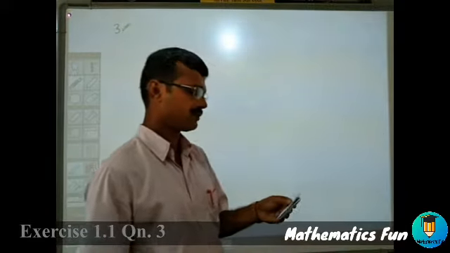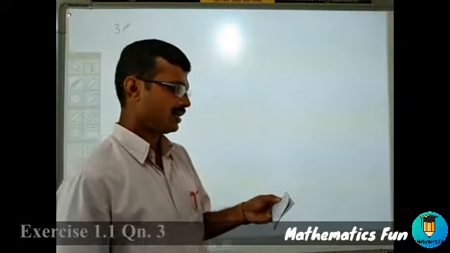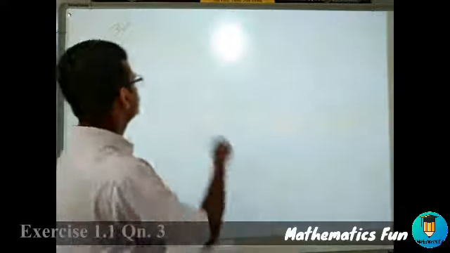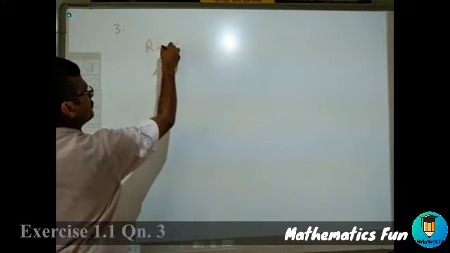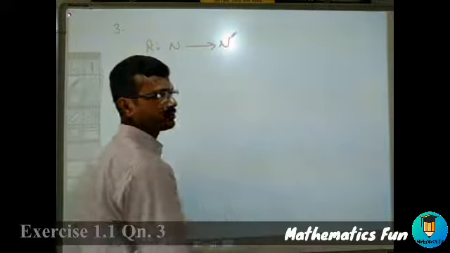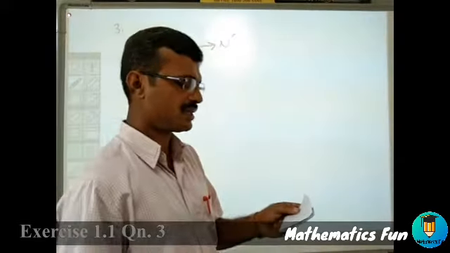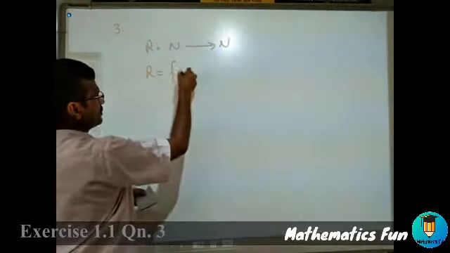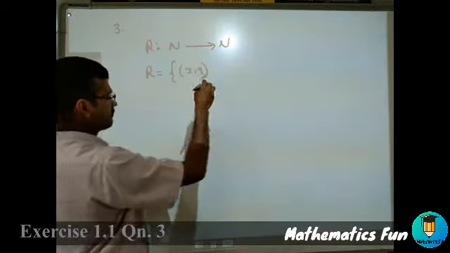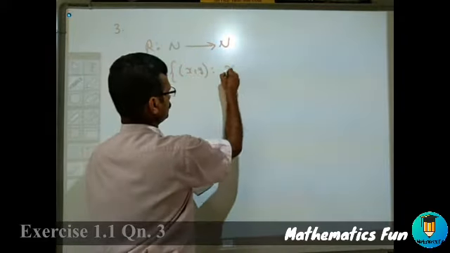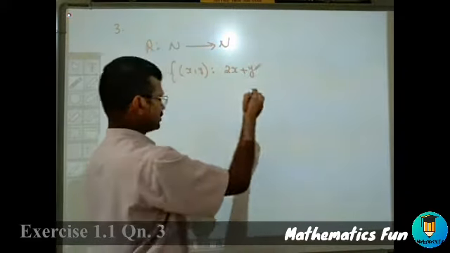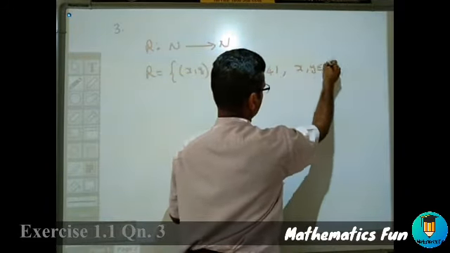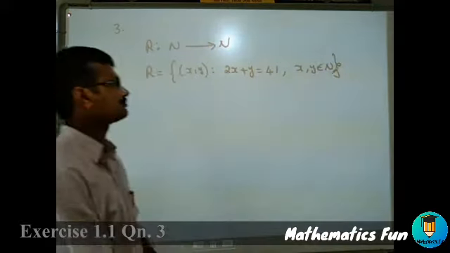In question number 3, the question is like this: R is a relation defined on the set of natural numbers. Its meaning is that R is defined from natural numbers to natural numbers, such that R is equal to the set of (x, y) such that 2x plus y is equal to 41, where x, y belong to N, natural numbers.